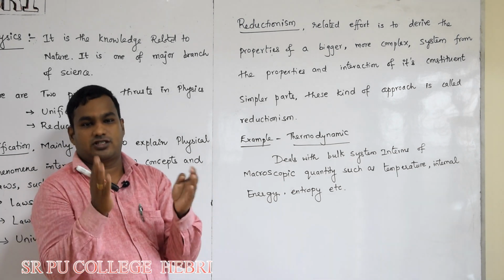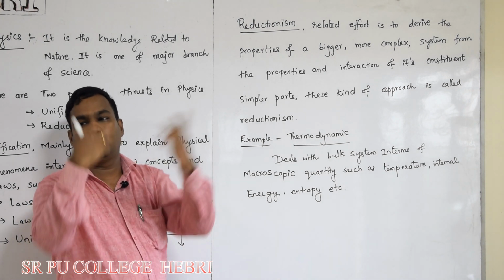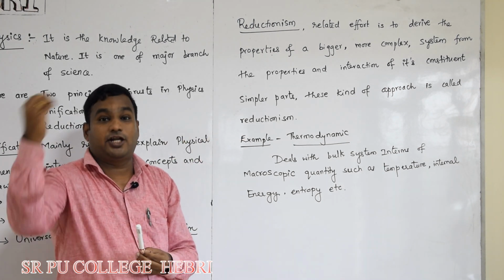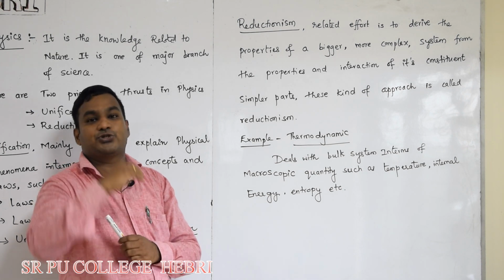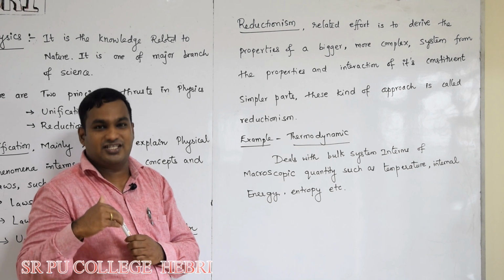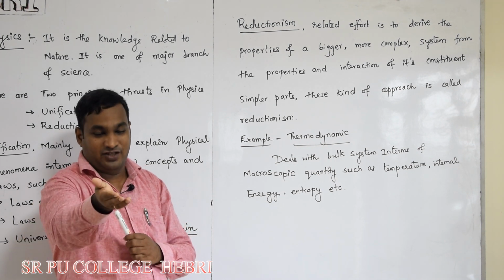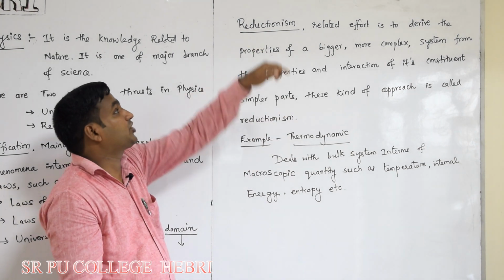Just imagine any one system. If you take a room, the room contains a large number of molecules, all moving randomly. When you apply temperature to that system, the randomness increases. Automatically orderness is converted into disorderness. That kind of system we can explain by using reductionism.